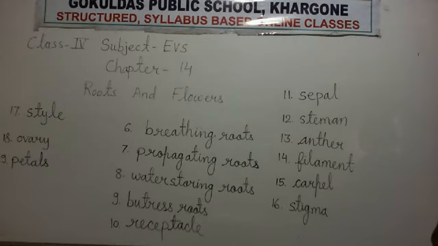Clear? If anybody asks you about the special roots of plants or trees, तो you remember the name. आपको वो name बताते आना चाहिए. First is propagating root, second one is breathing root, prop root, water storing root, buttress root. Clear? These are the five types of special roots found in trees and plants.